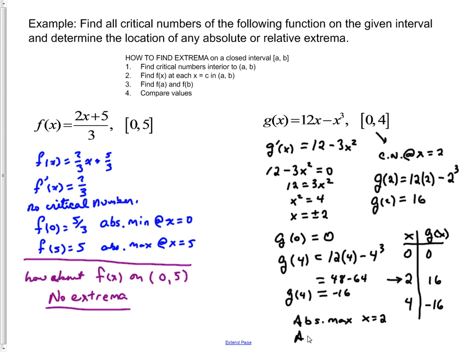The absolute minimum in this case is going to occur at x equals 4, because this is the lowest value of g of x that we find anywhere on the interval. And we know there are no other critical numbers at which a maximum or minimum can occur, so we're sure these are the absolute maximum and absolute minimum of the function on the interval.